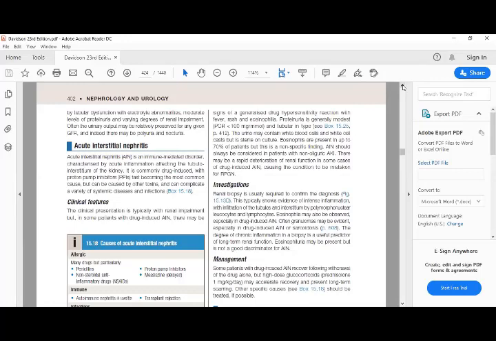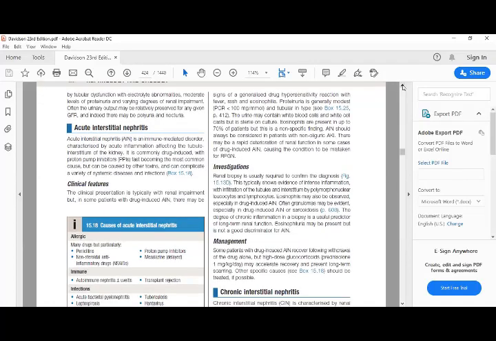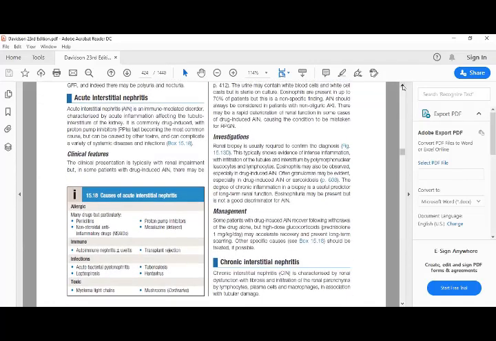The common causes are allergic, many drugs, but particularly penicillin and non-steroidal anti-inflammatory drugs, proton pump inhibitors, and mesalazine. Immune mechanisms are involved in autoimmune nephritis, such as SLE, and transplant rejection.